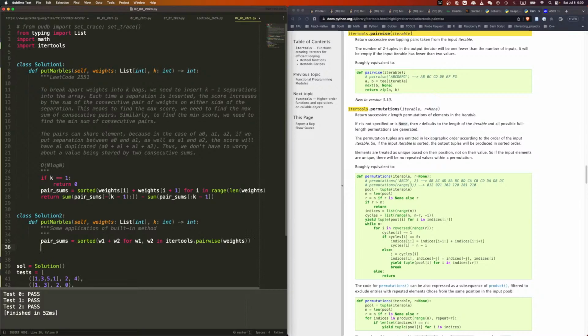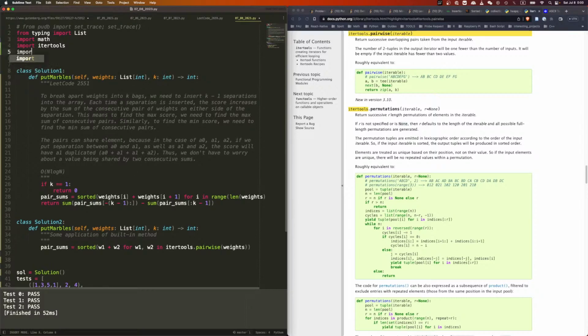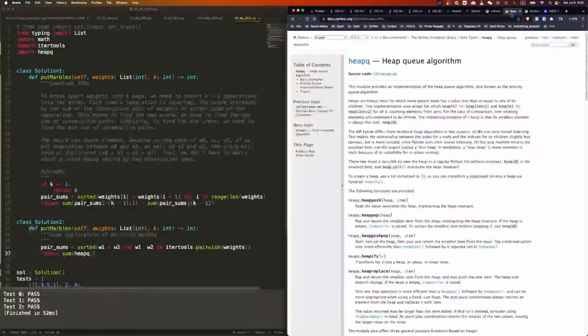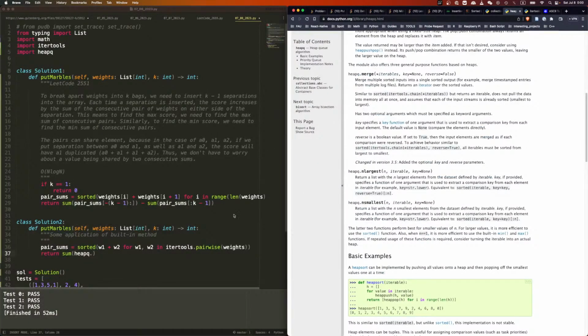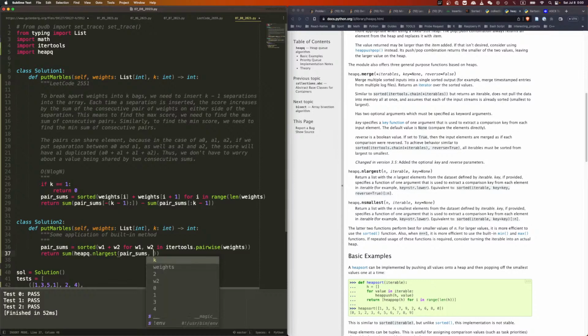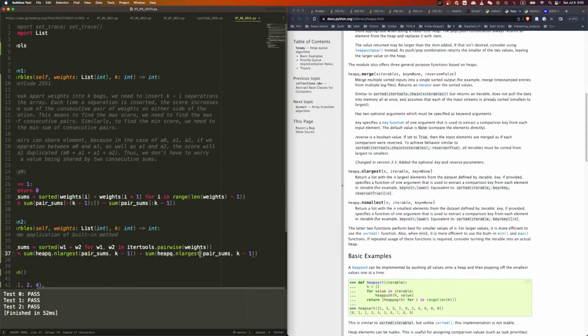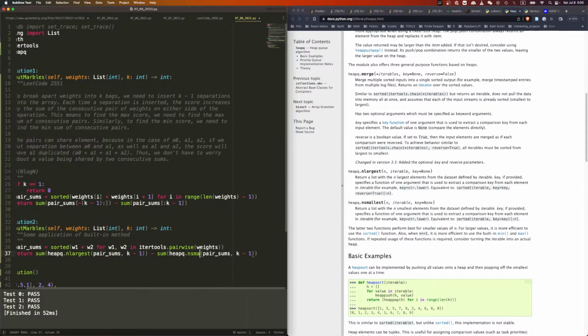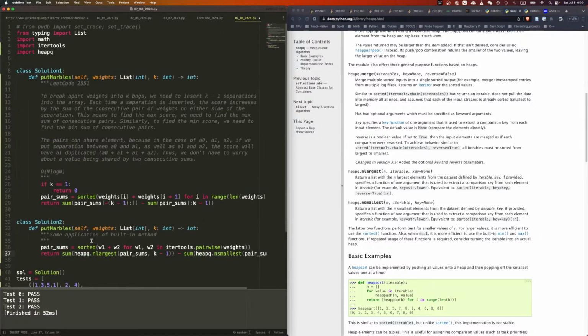So we do that and import heapq. Return the sum of heapq.nlargest of pair sums, k minus 1, minus nsmallest. Yeah, this is fun.